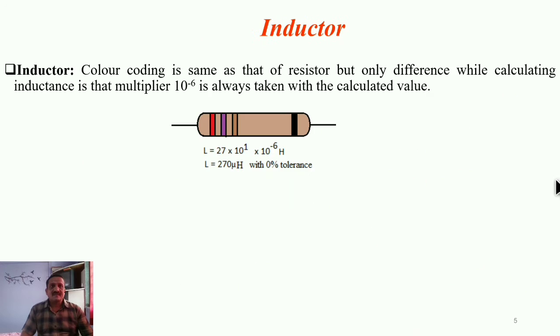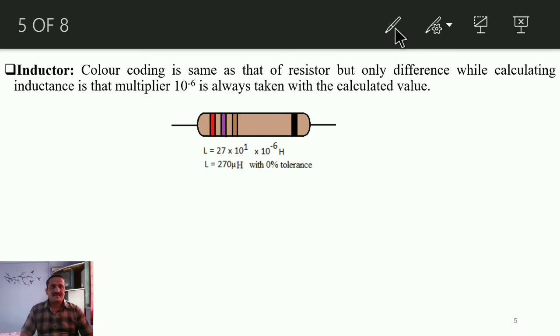Next, inductors are also available that look just like resistors. So the color coding is almost the same as that of carbon film type resistors. The only difference, as I already told, is that the multiplier is to be taken as 10 raised to minus 6, right? Here the first color is red, then violet, then brown, and the last band is for tolerance.